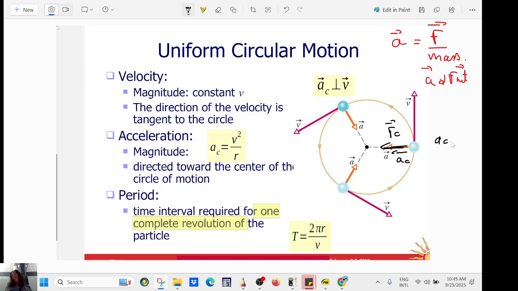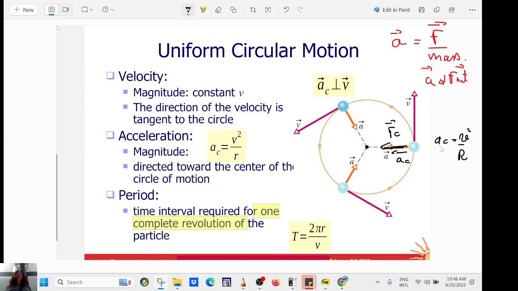And on Tuesday we saw that the magnitude was the speed squared over the radius. So typical conceptual equation: if you multiply the speed by 2, the acceleration will be multiplied by 4. Speed is multiplied by 3, acceleration is multiplied by 9.